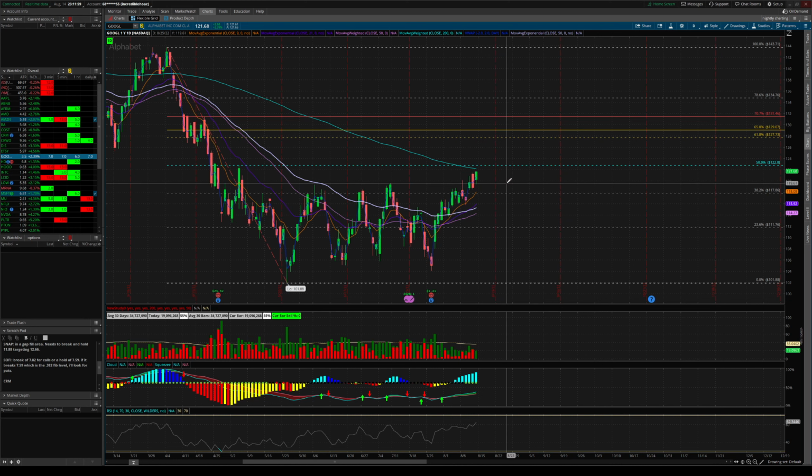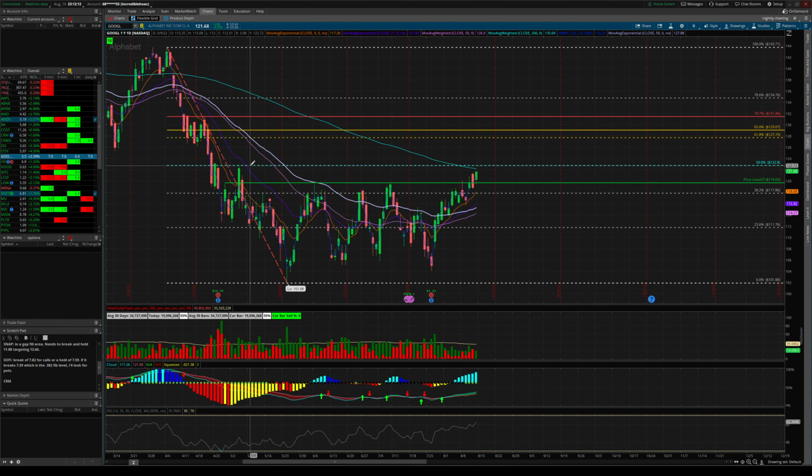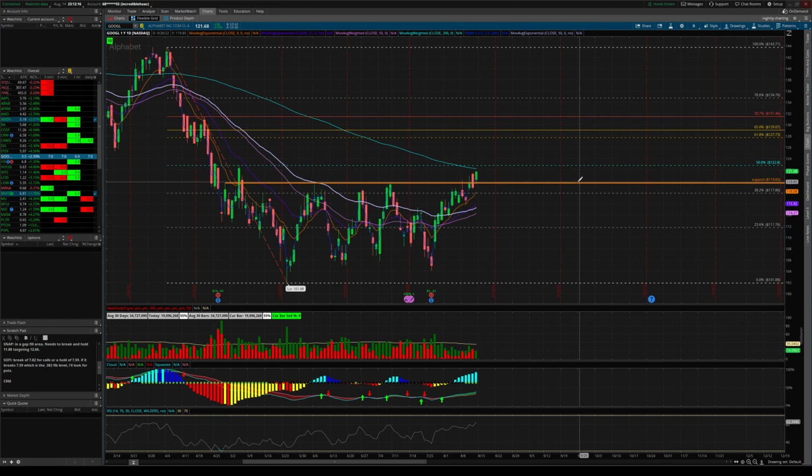Google, that's one to note. Right, we broke through this resistance, which is now going to be treated as support. I think I really will keep an eye on this.